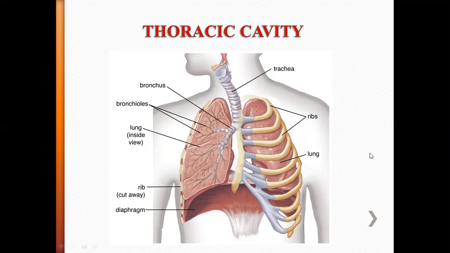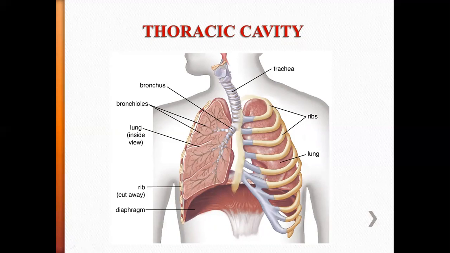So anteriorly, what is happening? All the ribs are connected to the costal cartilage, and those cartilages are connected to the sternum. Like this it happens on both sides. Posteriorly, the ribs articulate with the vertebrae, which are the thoracic vertebrae, since we are reading about the thoracic cavity.